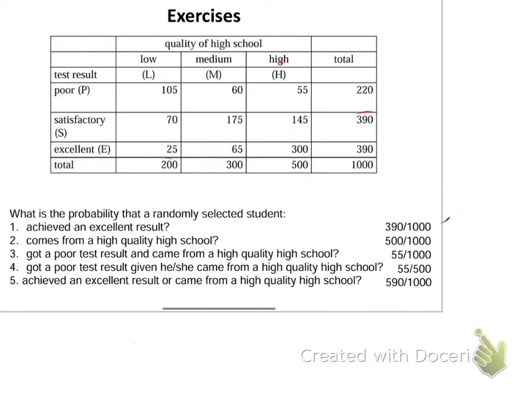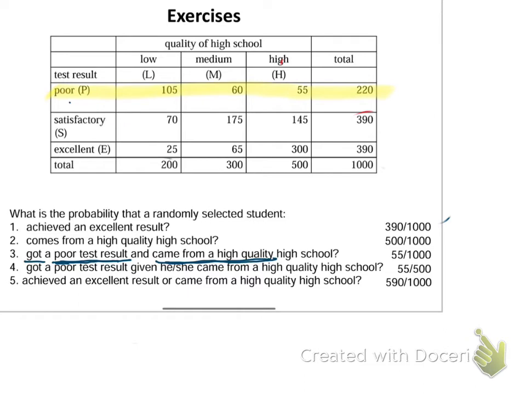Okay, the third question is got a poor test result and came from a high quality school. So here we have two conditions, but it's not a given case. So he has got a poor test result and came from a high quality school. So it is the intersection between these two. Where are the poor test results? Here. Okay, it's better to highlight it.